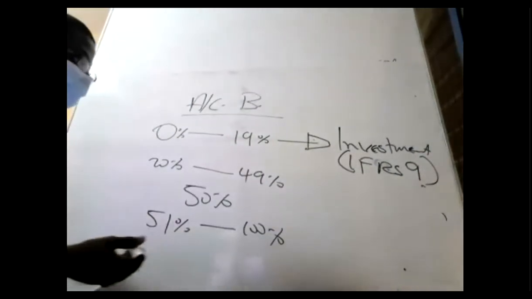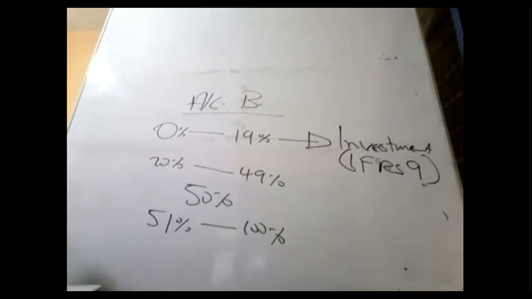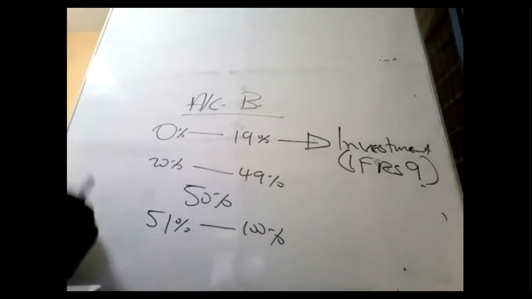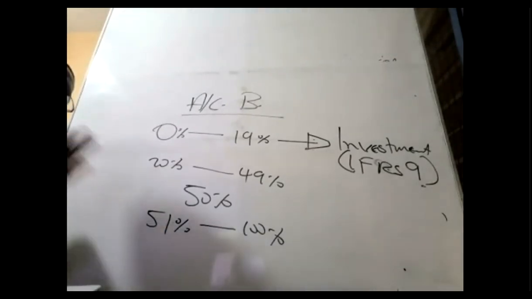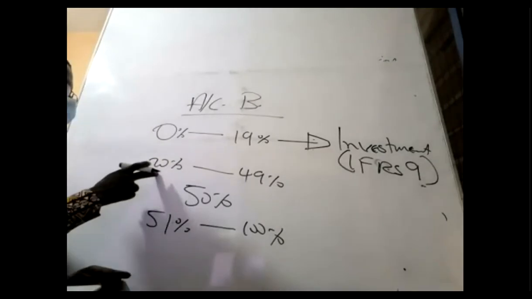So if you have 19% interest, you can command 19%. Please don't tell yourself that you are the parent. Should they allow you to prepare consolidation? No, please. I'm not a parent. You are a mere investor.